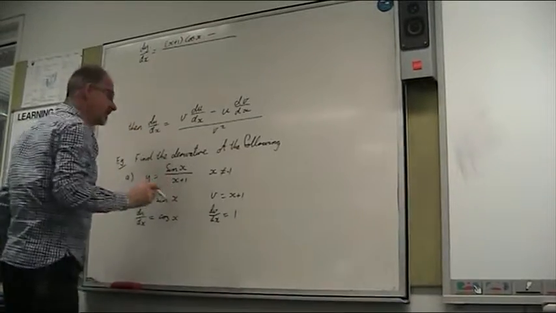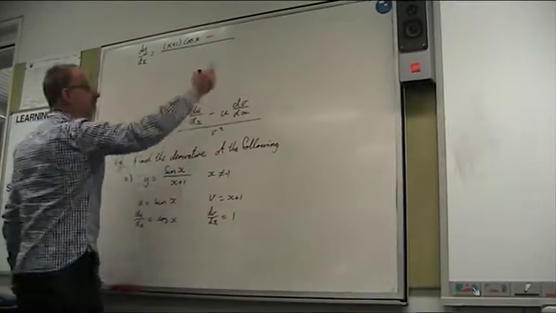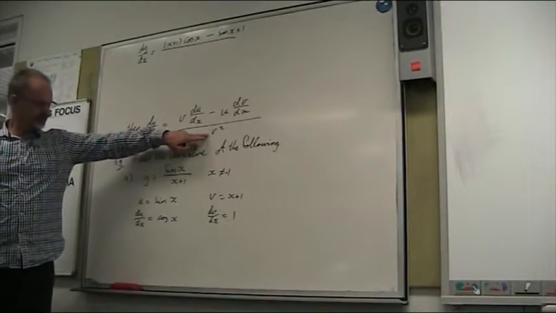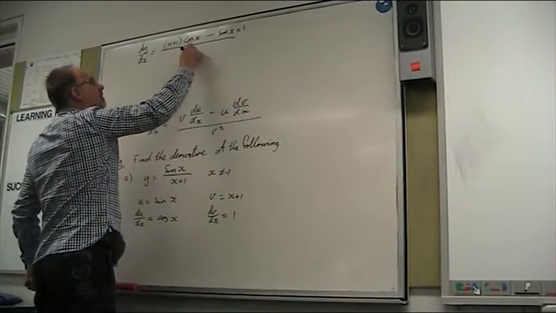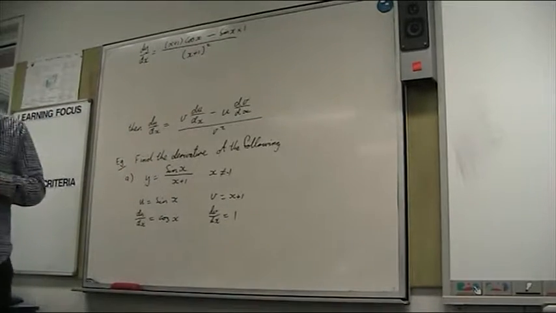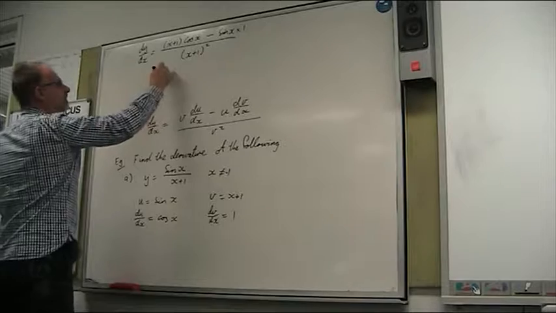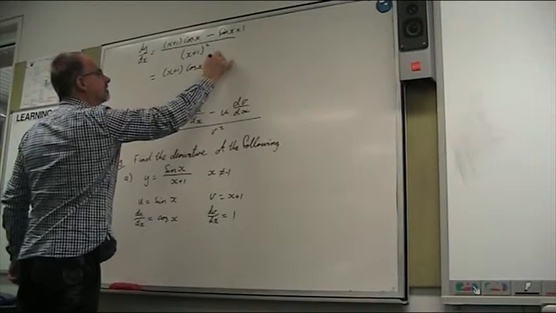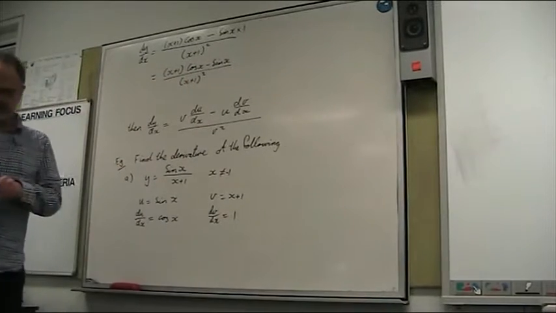And from that we're subtracting u times the derivative of v, so sin x times 1, and on the bottom is v squared, so we've got x plus 1 squared. That then just neatens up to x plus 1 cos x minus sin x on x plus 1 squared.